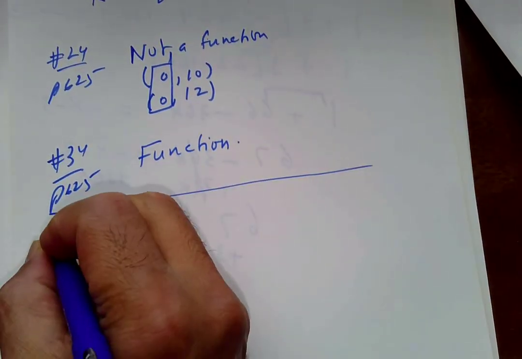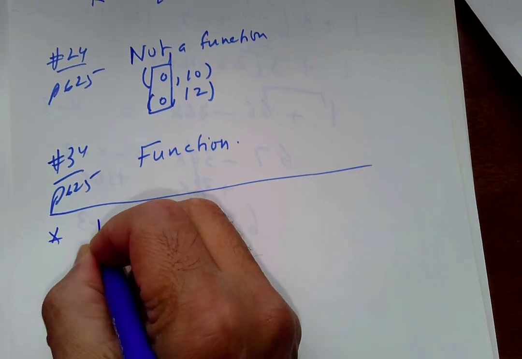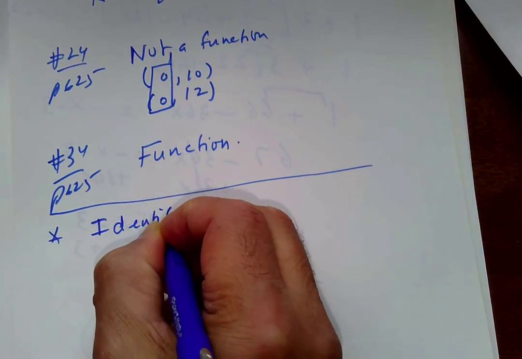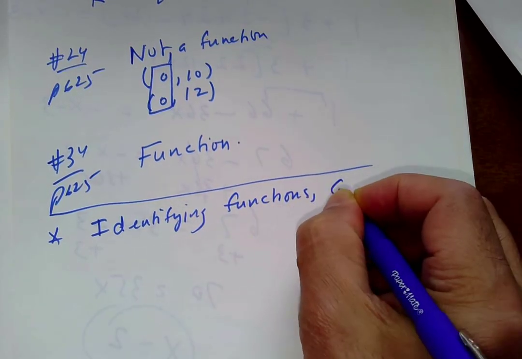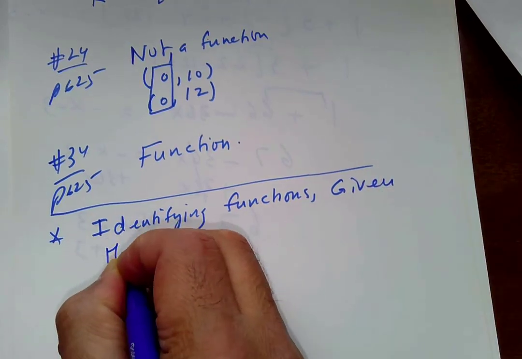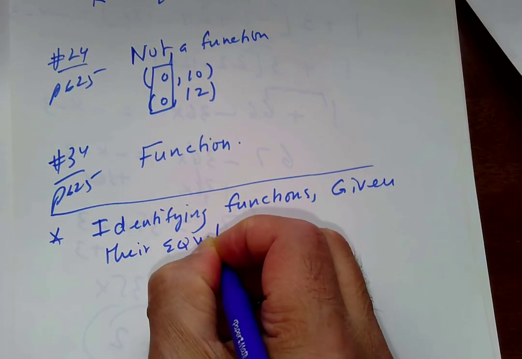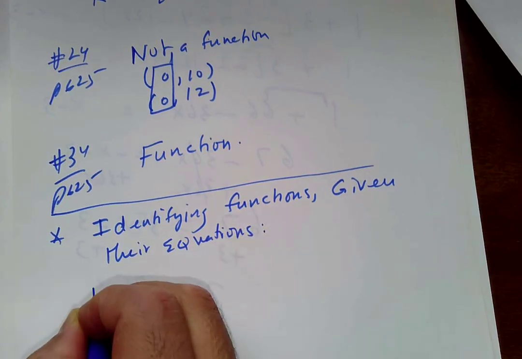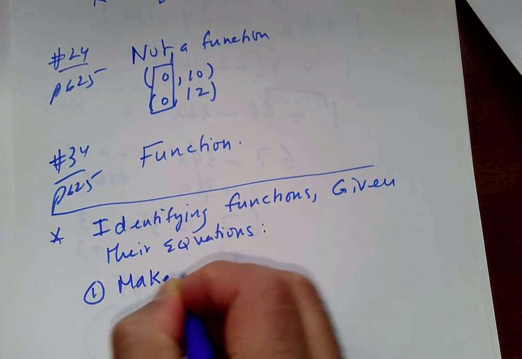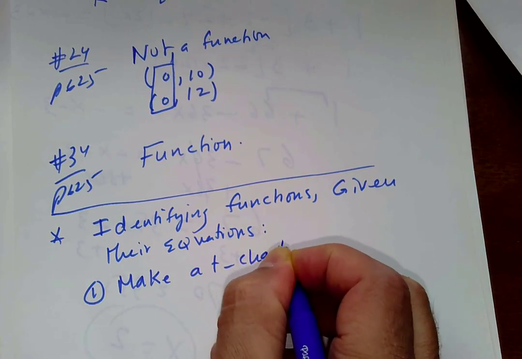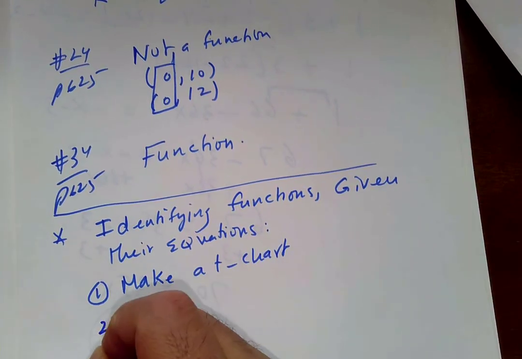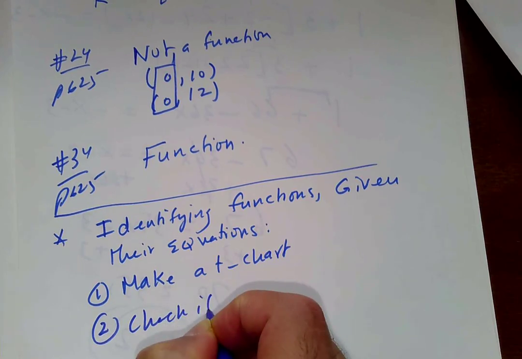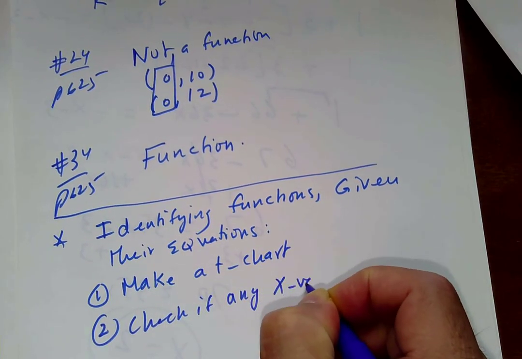How do we identify functions given an equation? Identifying functions given their equations, you can start out by making a t-chart, and once you make a t-chart, then you check if any x value is repeating.